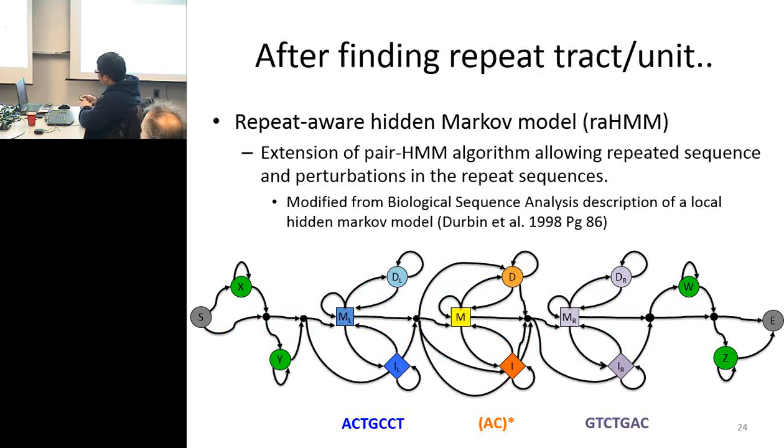So this is the graphical representation of it, the model with the flanks, the repeat unit and the right flank. In a way, you can treat it as a robust regular expression. This is the full model, and we actually modify it such that it can be used in multiple ways to detect the flanks.